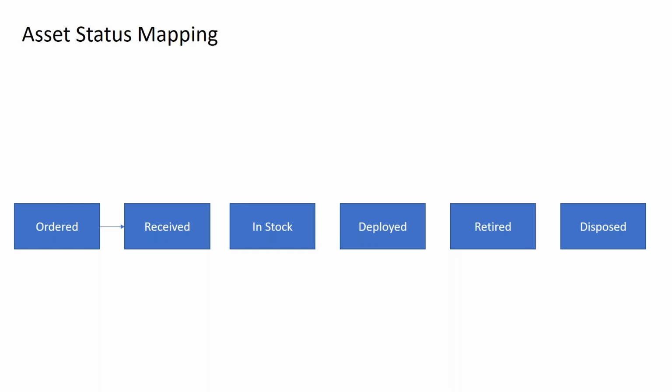Now, once that device is shipped and you unbox it, the only place that ordered can really go is to the received status. At that point, your asset management team, your procurement team, whoever it might be, is going to change the status of those assets from ordered to received, and they're going to be adding a few key bits of information. At this point, we have the serial numbers. We can assign a serial number to each of those devices in our system.